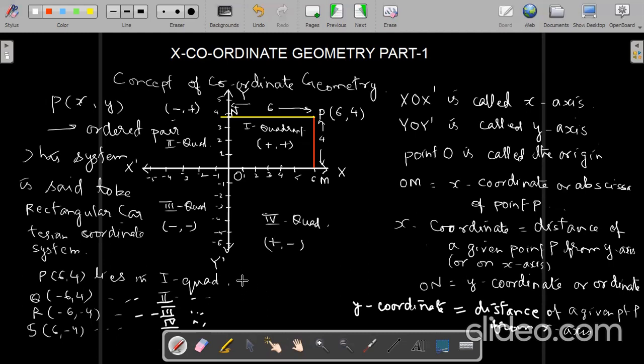One more thing you should write: if a point lies on the x-axis, then its y coordinate will be 0.